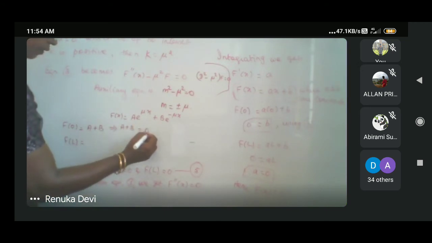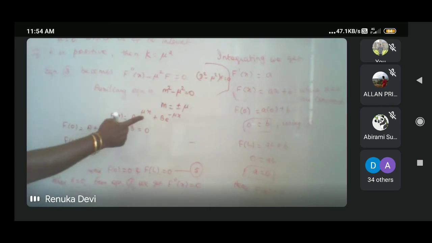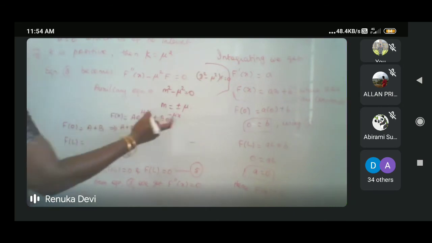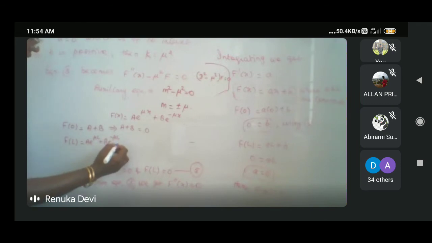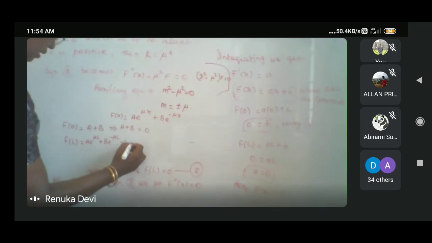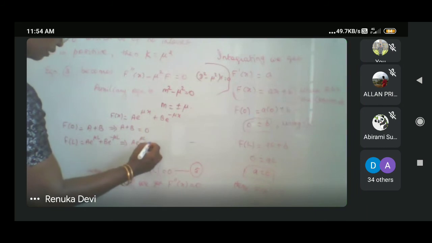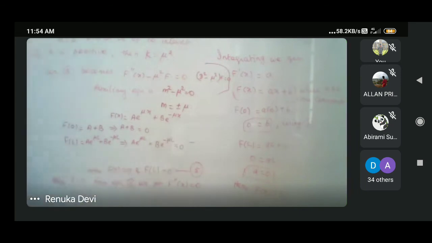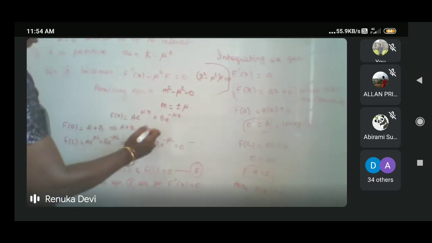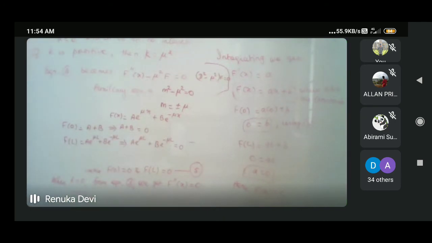And f of L, here you just put x equal to L: a into e power mu L plus b into e power minus mu L. That implies a e power mu L plus b e raised to minus mu L equal to 0. Now you multiply this equation by e power mu L.